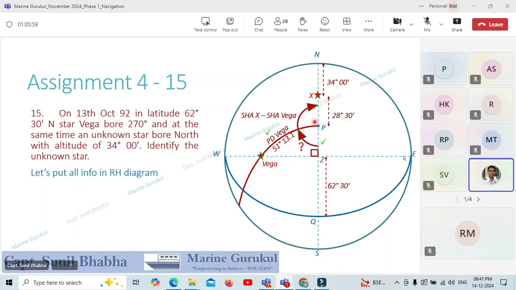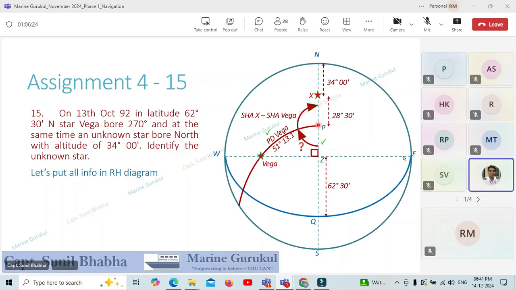Np equal to the latitude is 62 30. Nx, the altitude of the star given in the question, is 34 degrees, giving us Papa X-ray Px as 28 degrees 30 minutes.